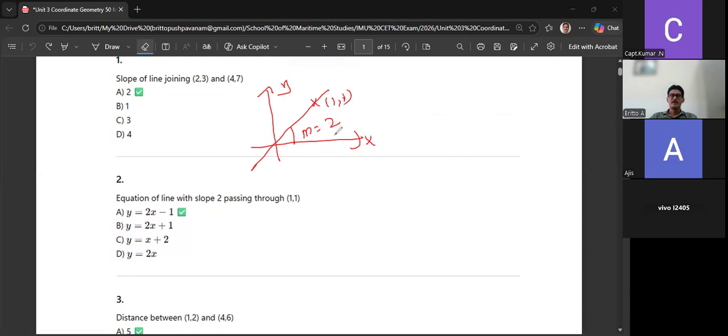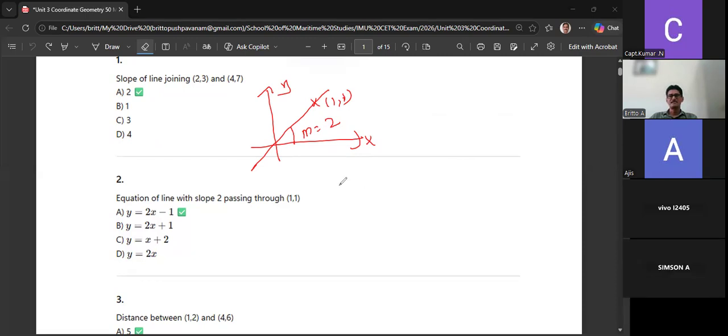So you are given a point and you are given a slope. When a point and a slope are given, the equation of the line is y minus y1 equal to m into x minus x1. This is the equation of a straight line if a slope and a point are given.